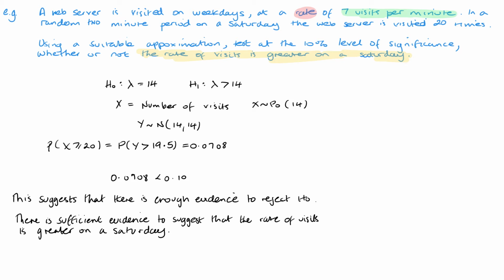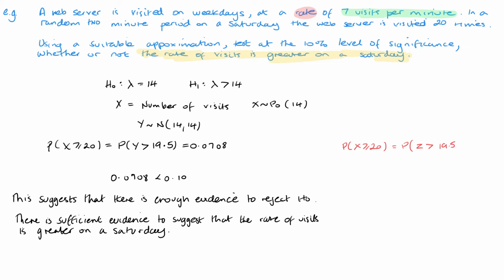Now, before we jump on to another question, I will just do a little bit from this point here, just for those of you who like to use the tables. If you are the type of person that would prefer to use the tables, from this starting point we can move straight into our Z value.